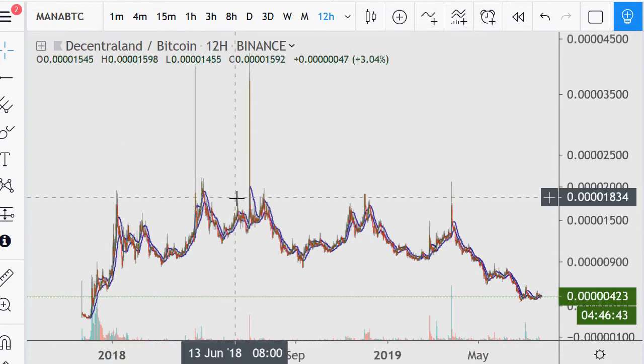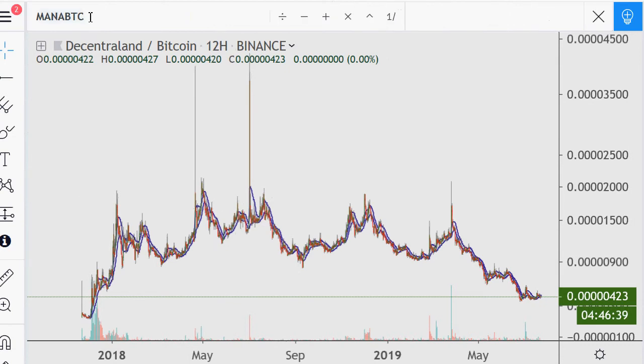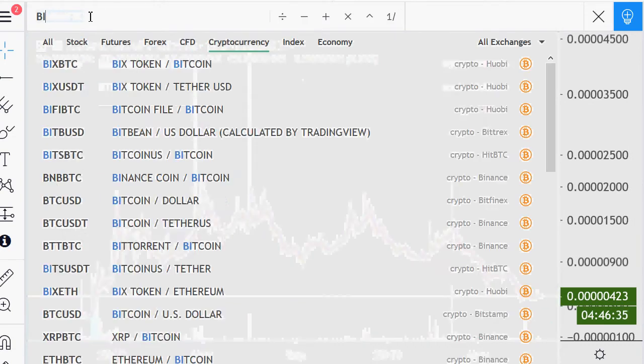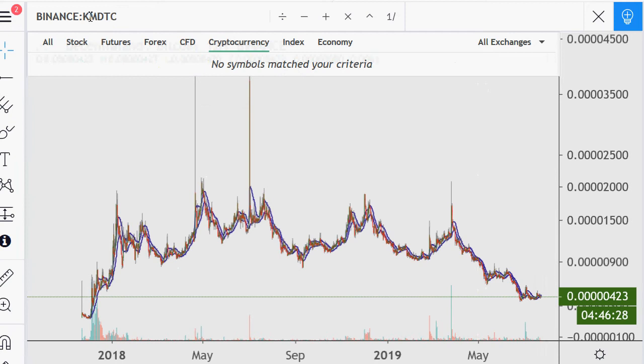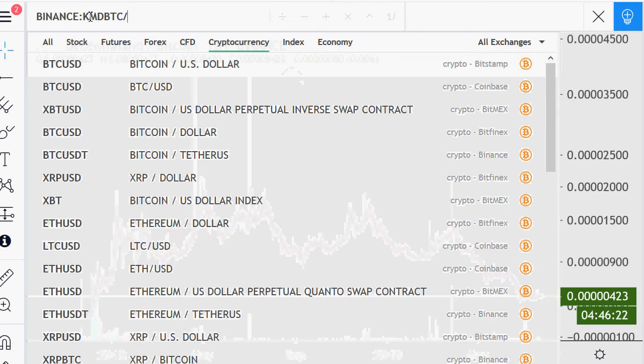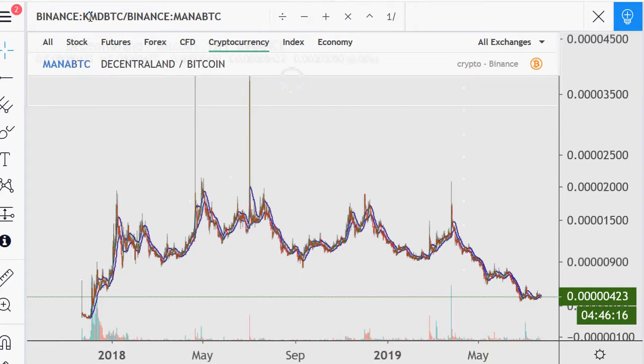Maybe do this with Theta or Komodo. See what happens. So do Binance KMD divided by BTC. I'm going to do Binance again, and we'll do MANA BTC.